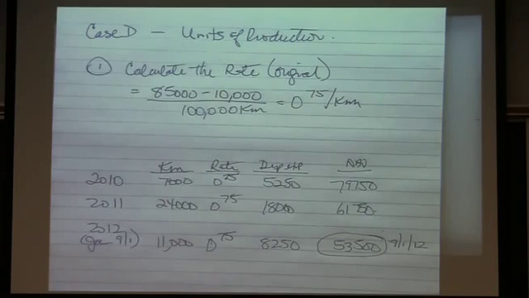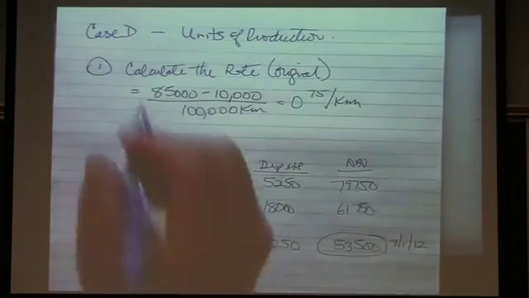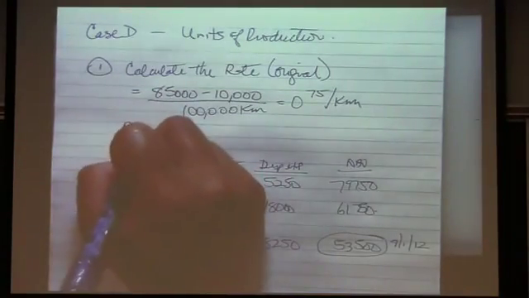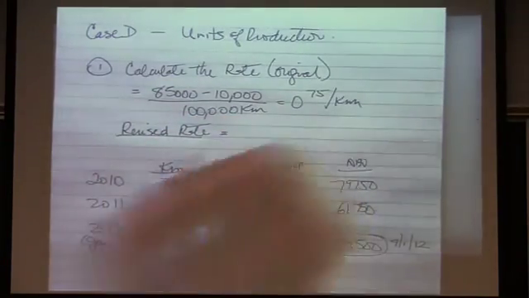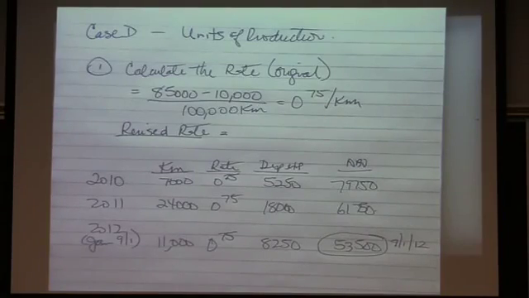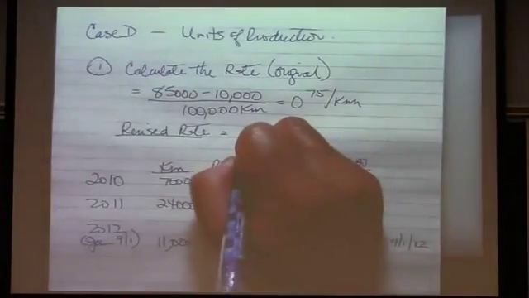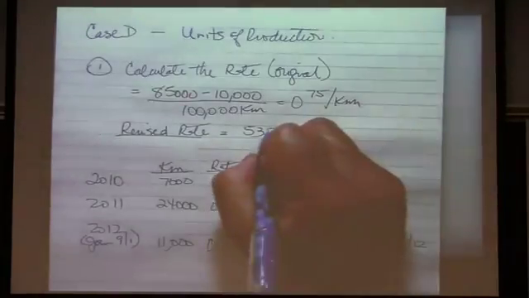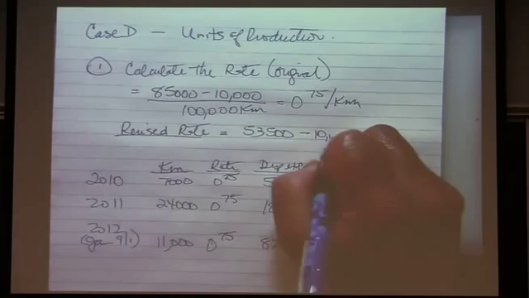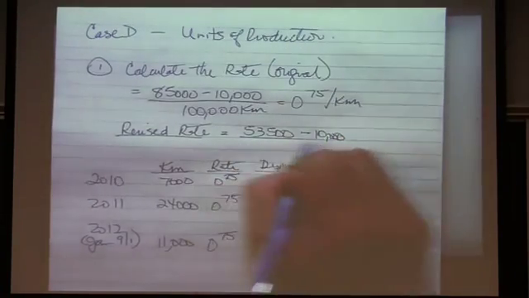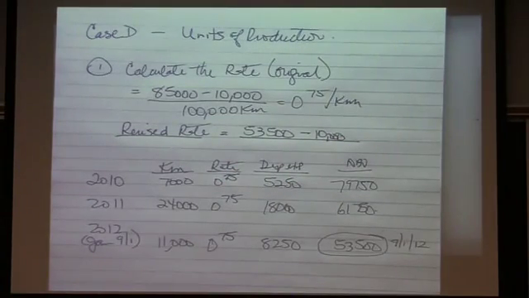Now we're going to use that to calculate the revised rate. And the revised rate is calculated exactly the same way. We're going to take the 53,500, which is net book value prior to the change, subtract the 10,000, because that has not changed. Now, we're going to divide it by the remaining kilometers.